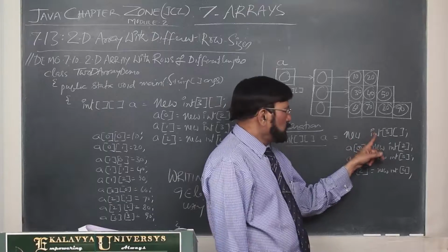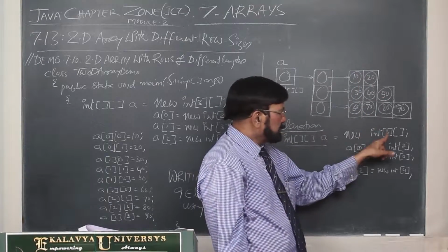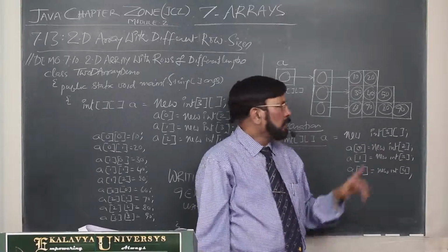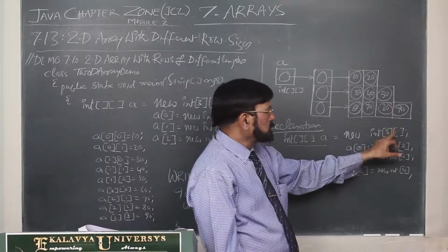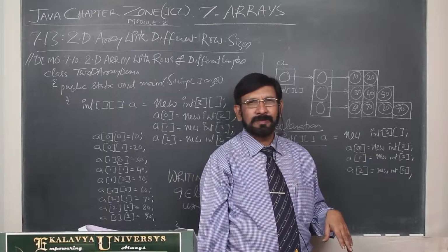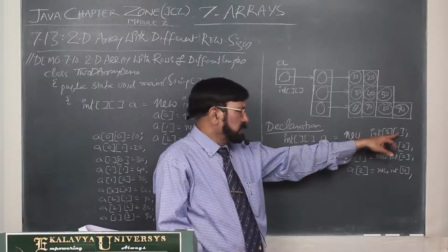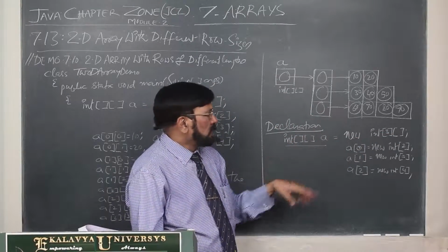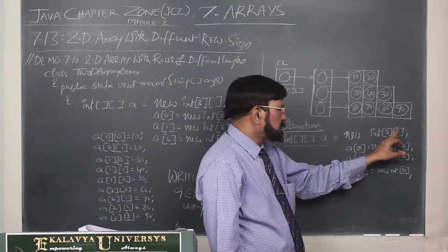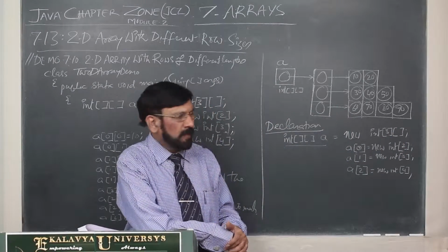Next, new int[3]. You know that 3 rows are there, so you can define 3. But the columns are different, so you should not give the column size. In the previous program, the column size was also given, because that is uniform for all the rows. Here it is not uniform, that's why you should not give it. Now how can you initialize?